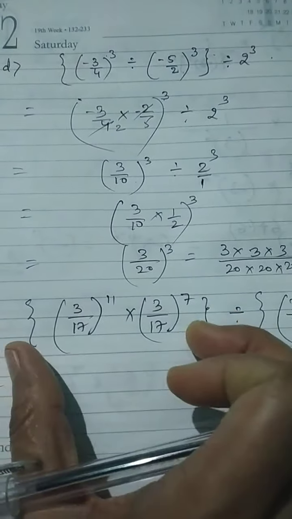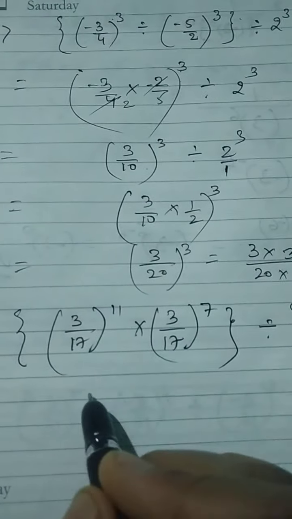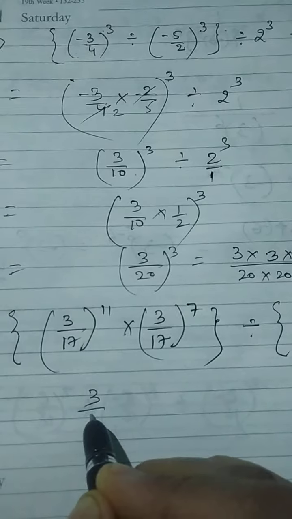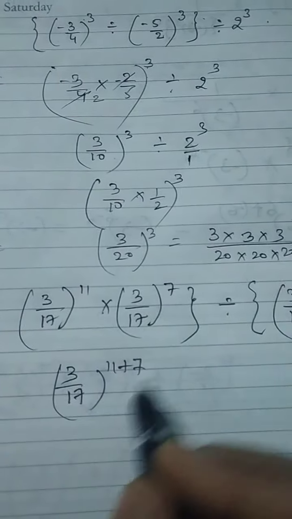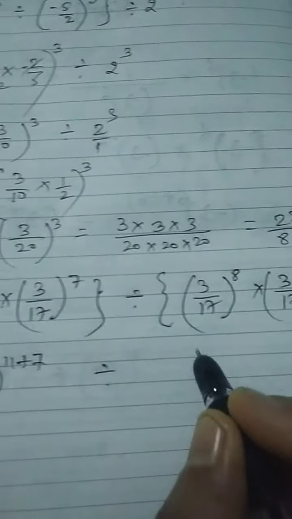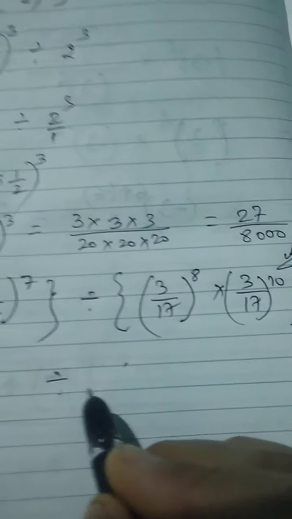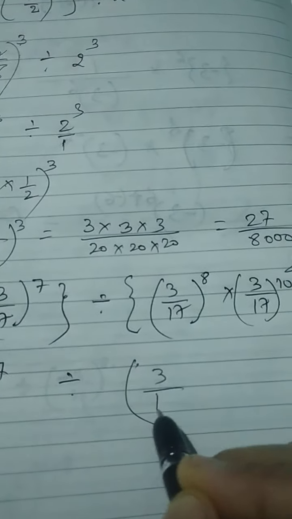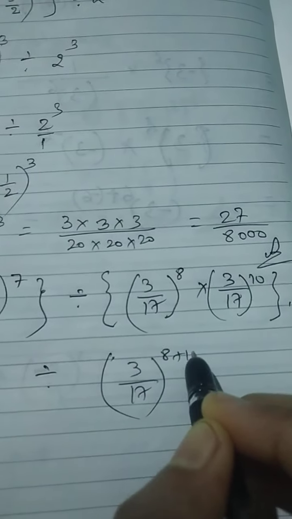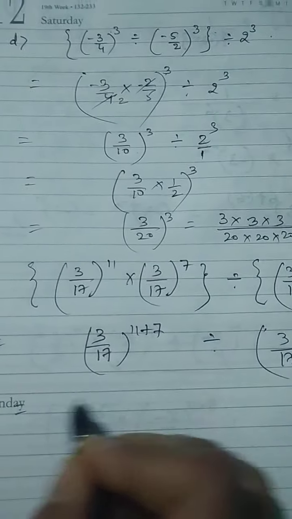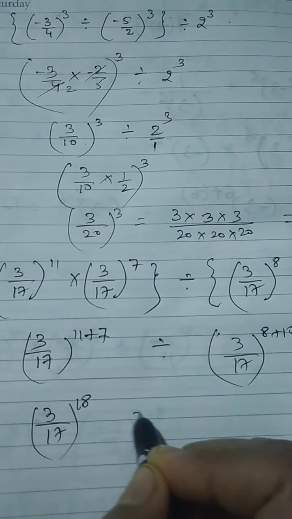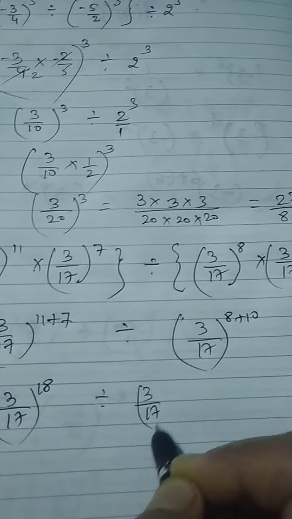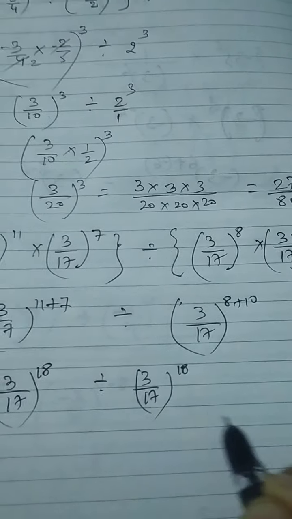So first of all, this bracket work we will do. This is multiply, the base is same. So whenever the base is same, we add up the power. 11 plus 7. Okay, and divided by, again the base is same, so we will again add up the power. 3 by 17 to the power 8 plus 10. Now 3 by 17 to the power what? 18, divided by 3 by 17 to the power 18.